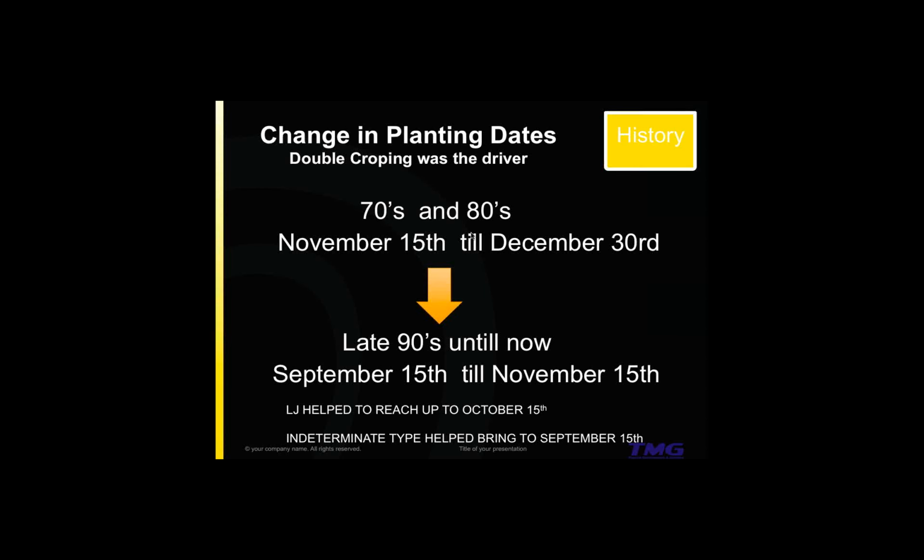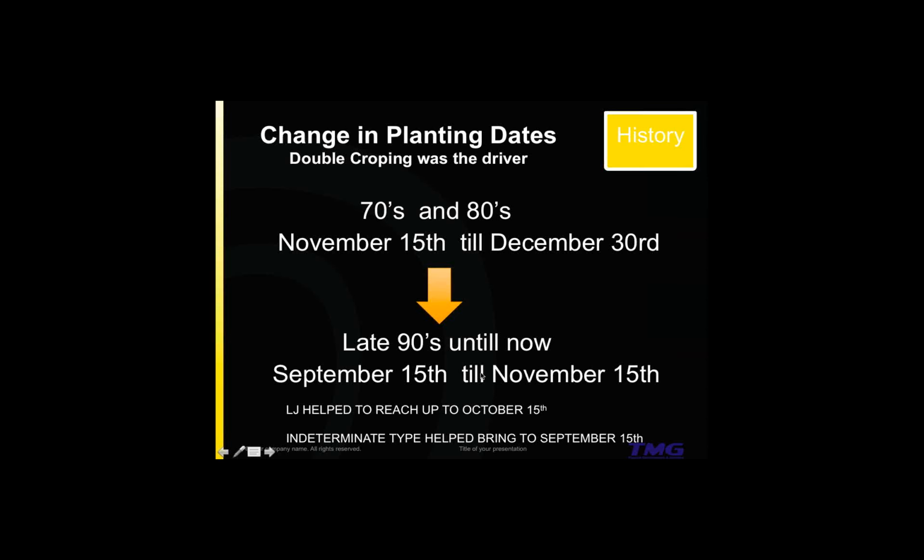Okay, so I'm just illustrating here in this slide. Until the 80s, we would grow soybeans from November 15 to December. This would be our planting dates. And nowadays, we do that in September up to November 15.